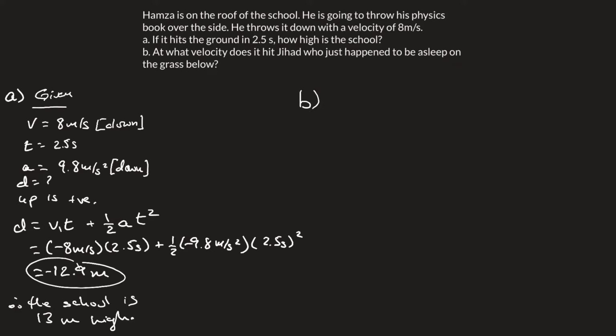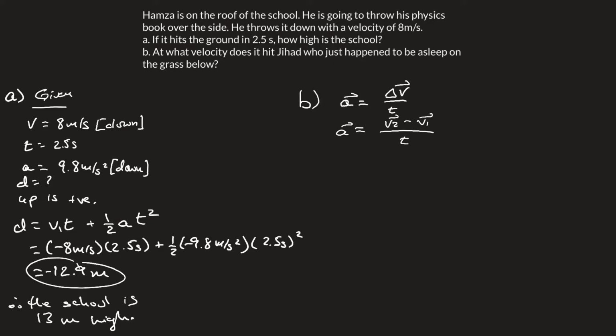We can take our equation, which states that the acceleration is equal to your change in velocity over time. We can rearrange this because we know that our change in velocity is v2 minus v1.